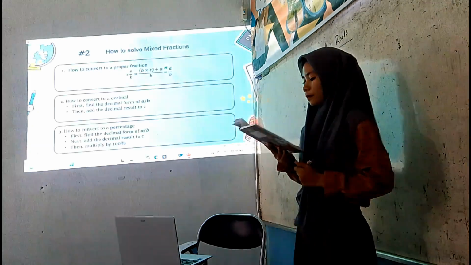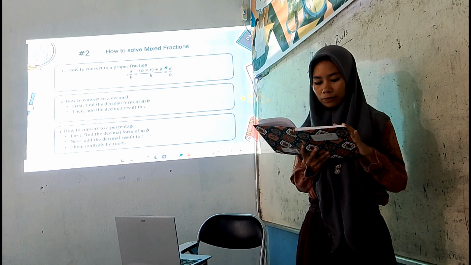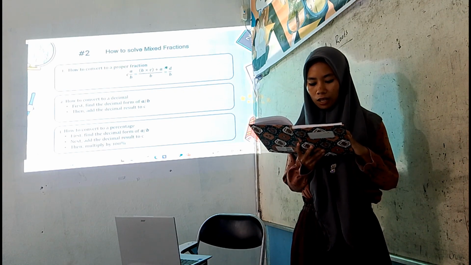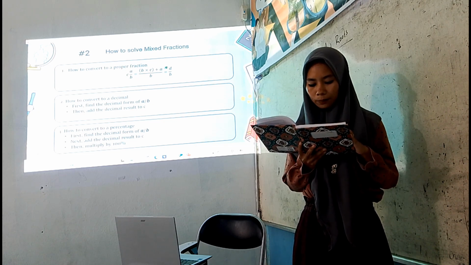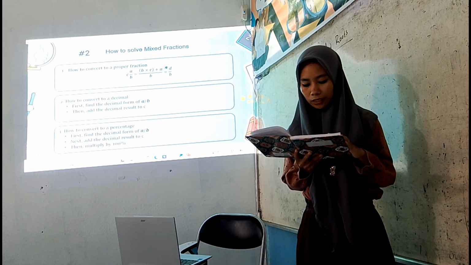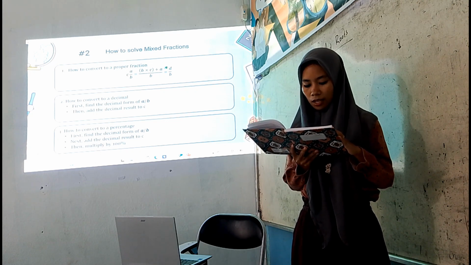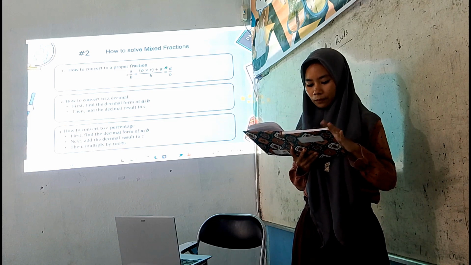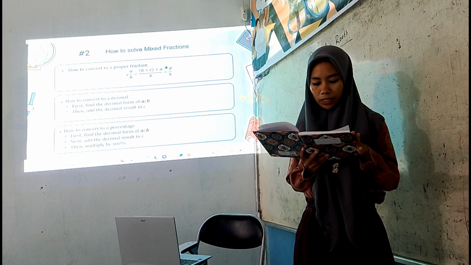The first, how to solve mixed fraction. Number 1, how to convert to an improper fraction: C A over B equals (B times C plus A) all over B, equals D over B. Number 2, how to convert to a decimal.